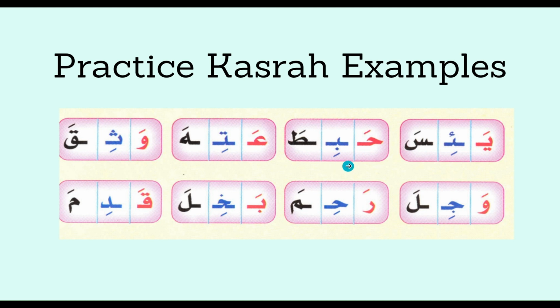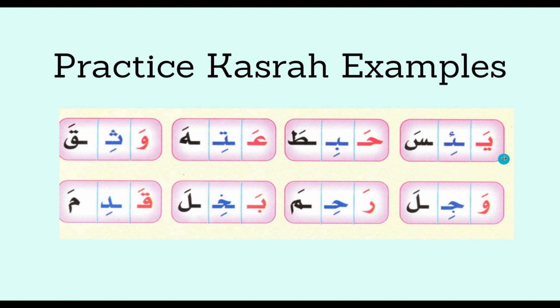So we're going to practice dhamma, kasra and fatha every time. Whenever you practice, you're going to practice everything you've learned. This will make your recitation and reading of Arabic very accurate and very smooth and flowing, just like English, inshallah.